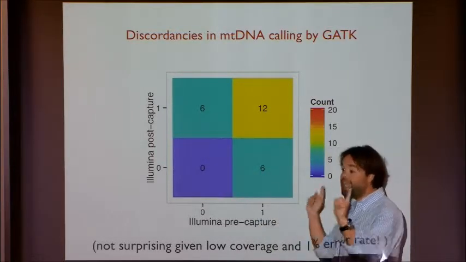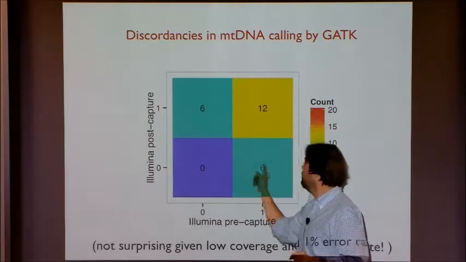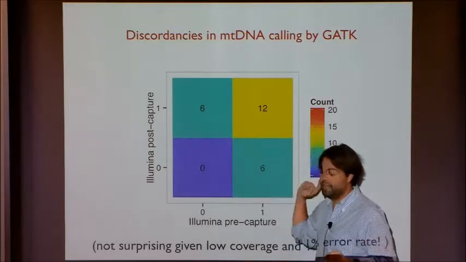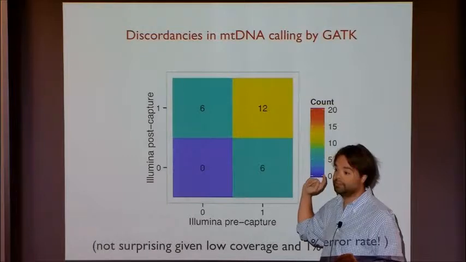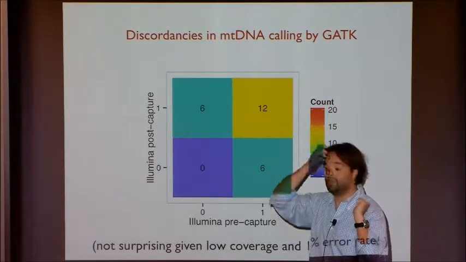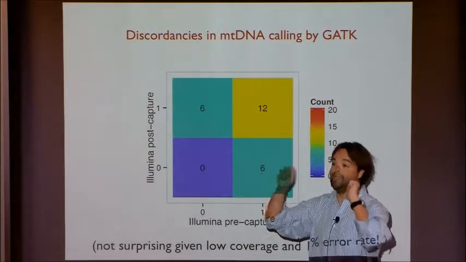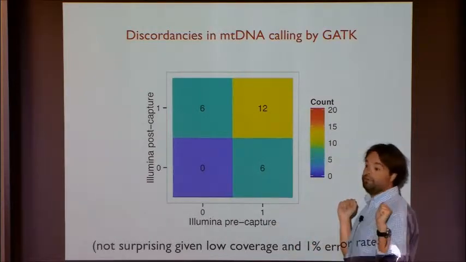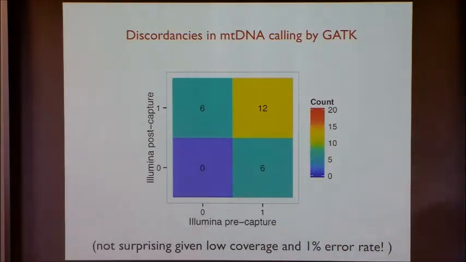And then each data set calls 6 variants that the other data set doesn't, pre and post capture, at least running it through GATK. And this is due to the fact that you often have 1, maybe 2 reads that are going to support a variant. And this is no surprise, folks, because when you have 1% error, this is going to happen.